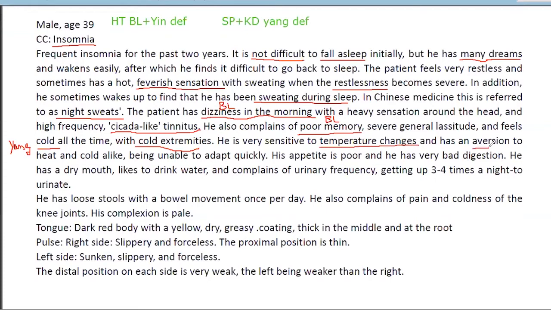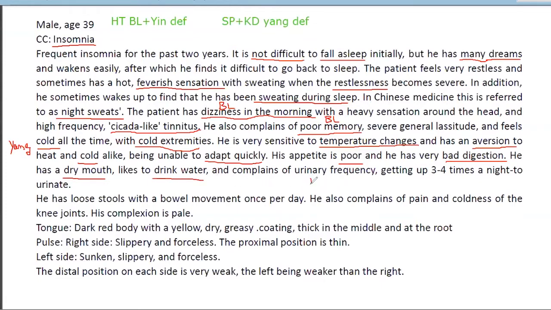And aversion to heat and cold, so that's signs of both yin and yang deficiency. Couldn't adapt quickly. After eating, basically we can think about spleen qi deficiency, bad digestion. Dry mouth, some heat inside. Likes to drink water, so still some heat inside.